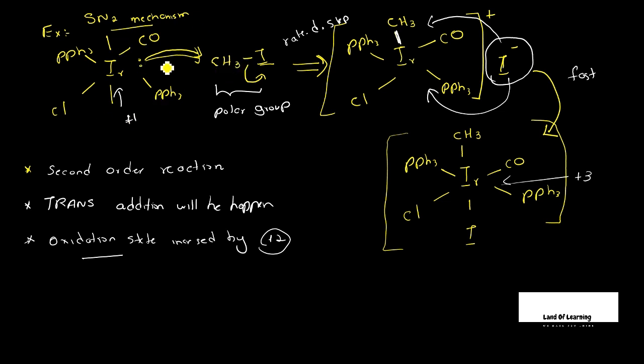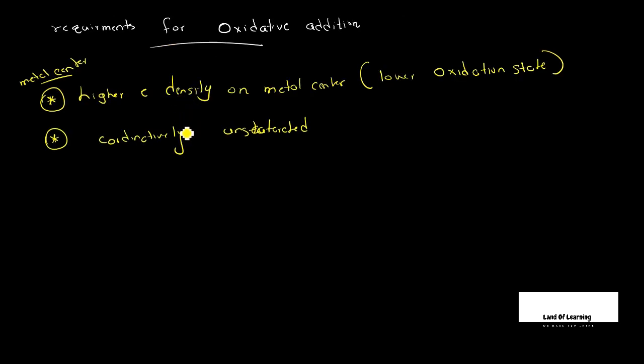If there are already 6 ligands, there is no room for the methyl or iodine to be attached. So there should be at least 2 vacant sites in the metal center, because 2 ligands will come to attach to it. That's why we say coordinatively unsaturated metal center. Unsaturated means there should be vacant sites.